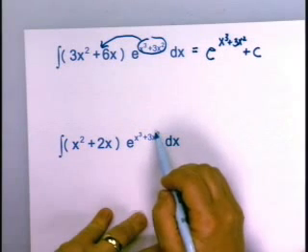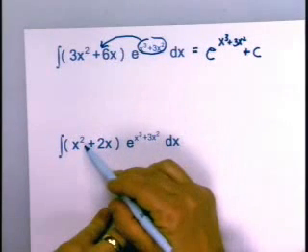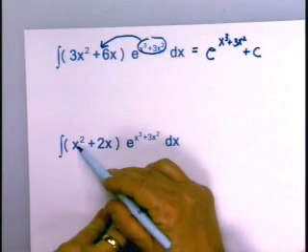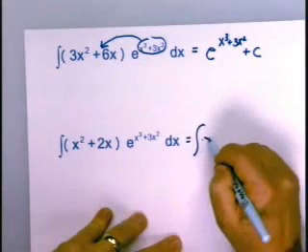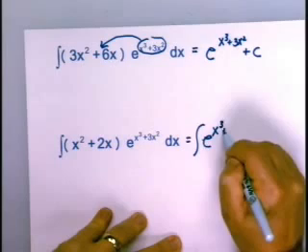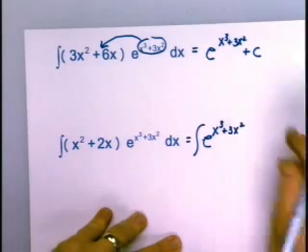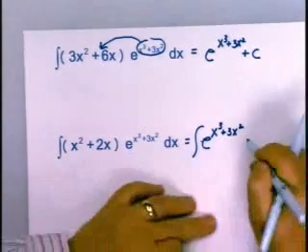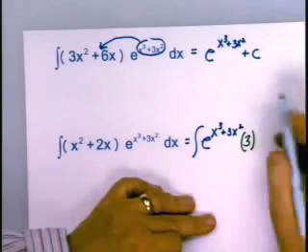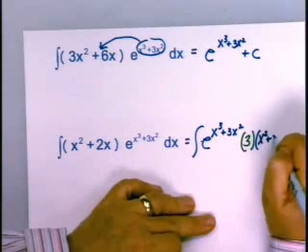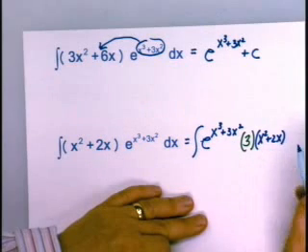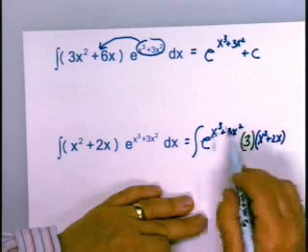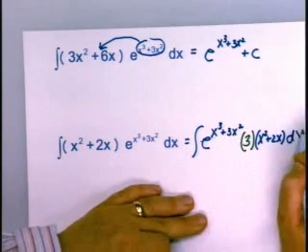In the second situation, I have the same function, e to the x to the third plus 3x squared, but I don't quite have the derivative of this function because the problem only gives me x squared plus 2x. But notice that if I insert a factor of 3 in front of the x squared plus 2x, that would give me 3x squared plus 6x, which is what I need for the derivative of this function.